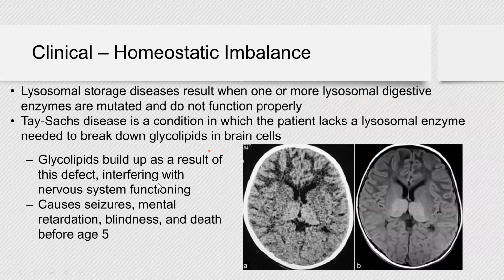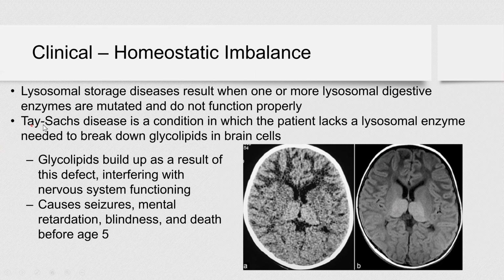Okay, so here are some homeostatic imbalances. Some people have a mutation that prevents them from synthesizing lysosomal enzymes, especially people with Tay-Sachs disease.